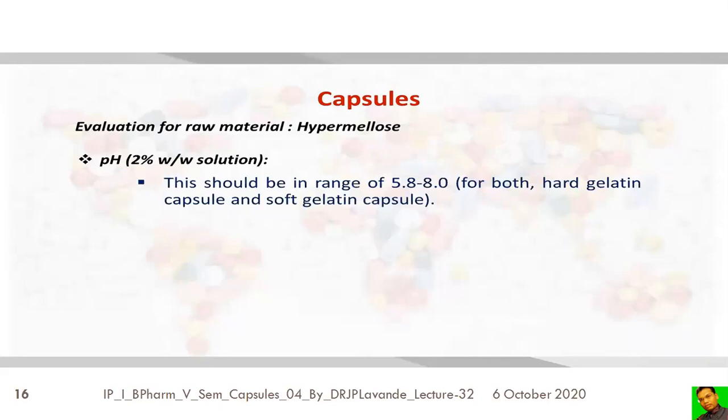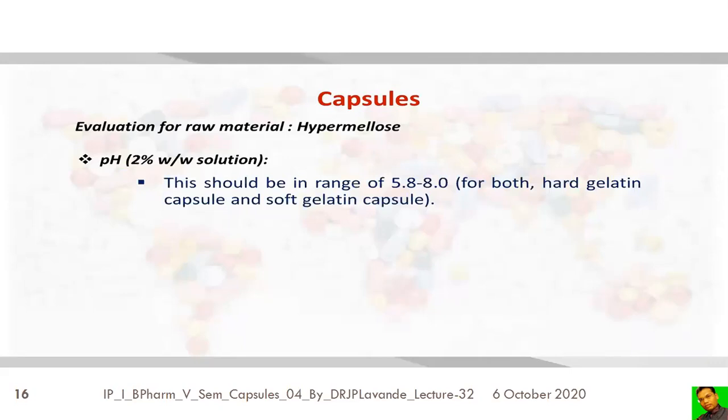When the shell forming agent is hypromellose, the pH of a 2% weight by weight solution should be in the range of 5.8 to 8 for both hard gelatin as well as soft gelatin capsule. Again, this is a confusing term.